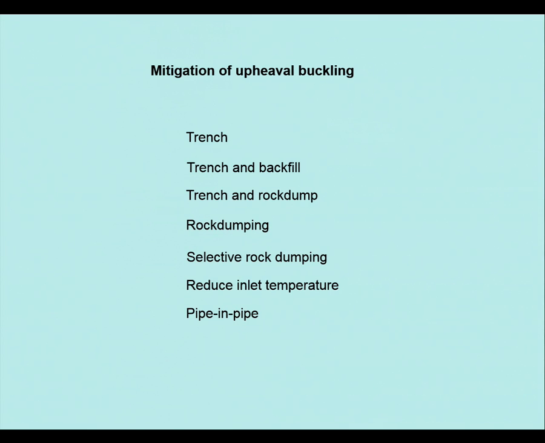So they put graded rock and then the big ones go on top. But there is a danger of you damaging the pipe and the coatings, and once you've dumped your rock, the pipe's out of sight. You don't know whether it's damaged or not. You can't see it.